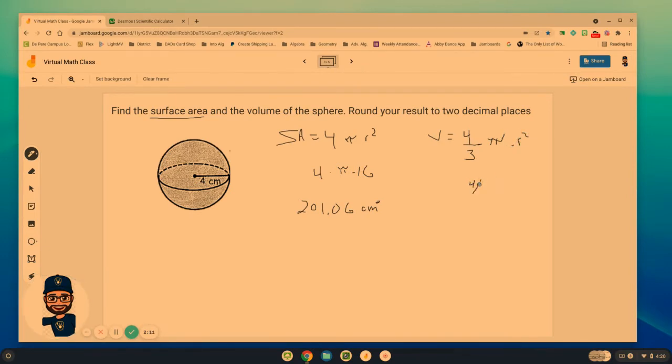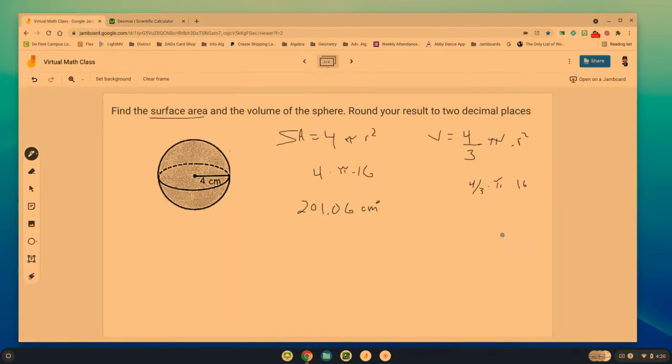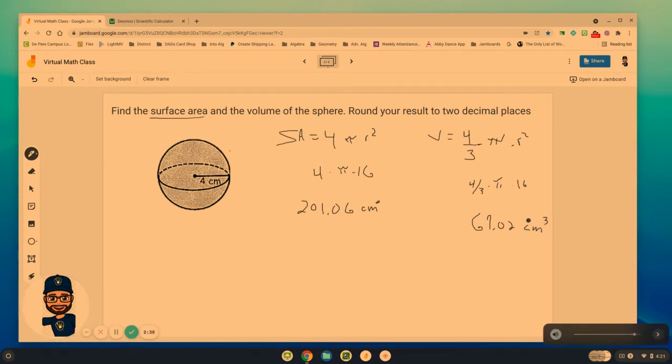So 4/3 times pi times 64. That gives 268.08 cubic centimeters. Cubic.